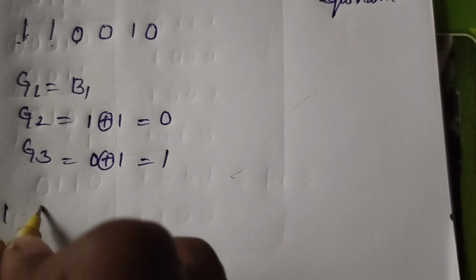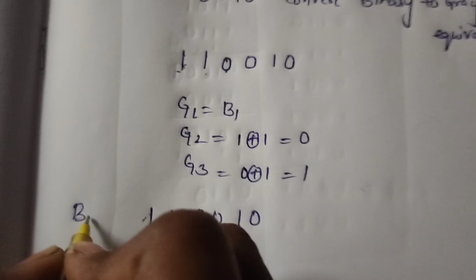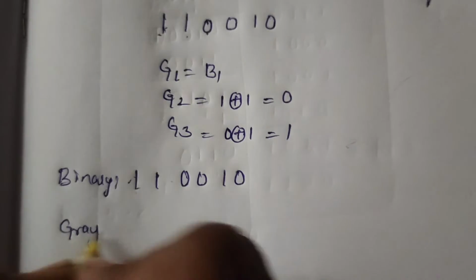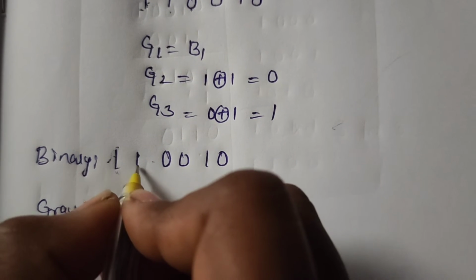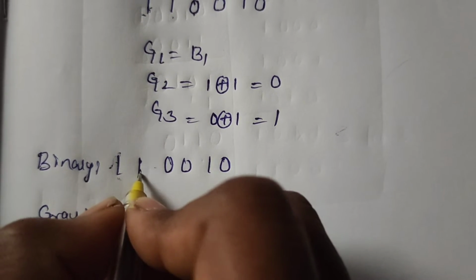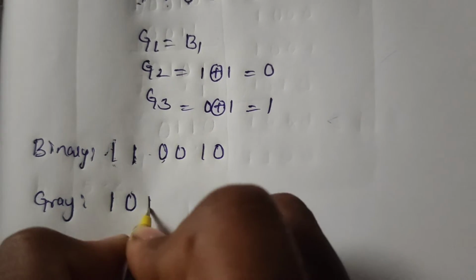So 1 1 0 0 1 0, this is binary. For gray, the first MSB is written as it is. Next, XORing this with this one we get 0, and XORing this with this one we get 1.